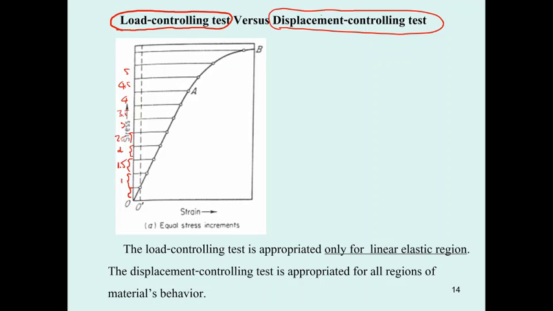When the behavior of the material is linear, or has only a small curve, this load controlling test is fine. But when the structure has yielding behavior like this, at 5.5 your friend can still read the displacement easily.